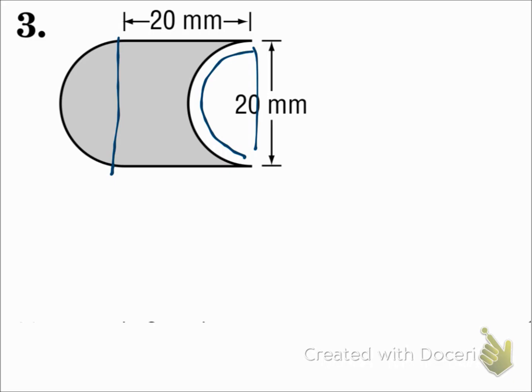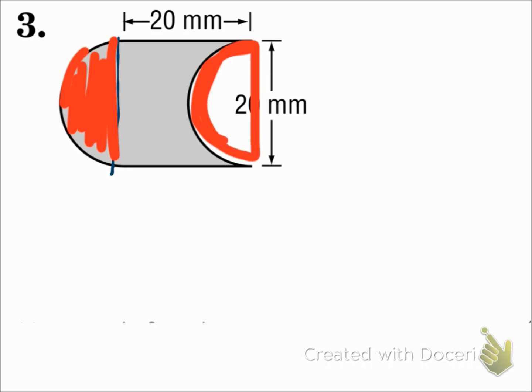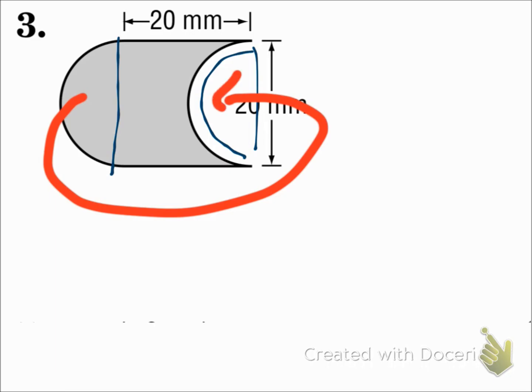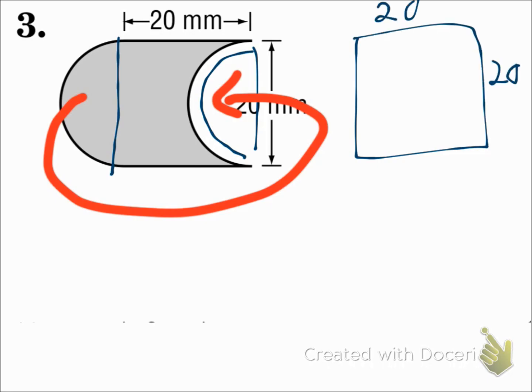So what I can do, imagine taking this semicircle, cutting it out, and replacing it over here. So essentially, what I have then, instead of this type of figure, when that semicircle is put in there, I have a square that's 20 by 20.